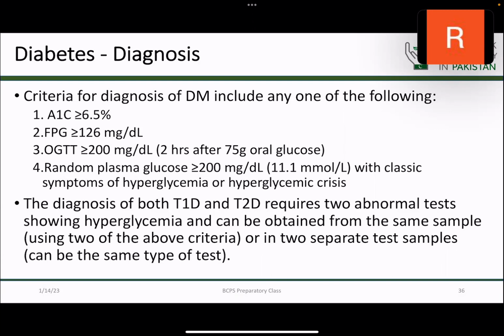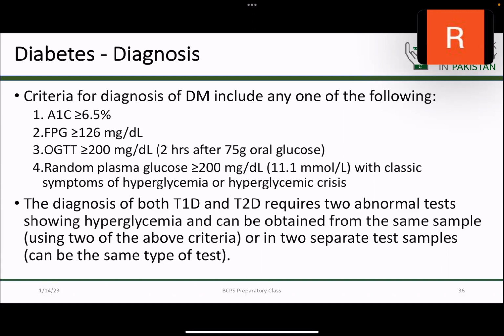But the last statement is very important: the diagnosis requires 2 abnormal tests showing hyperglycemia, which can be obtained from the same sample or 2 separate test samples. So only one criterion is not enough to diagnose diabetes mellitus.